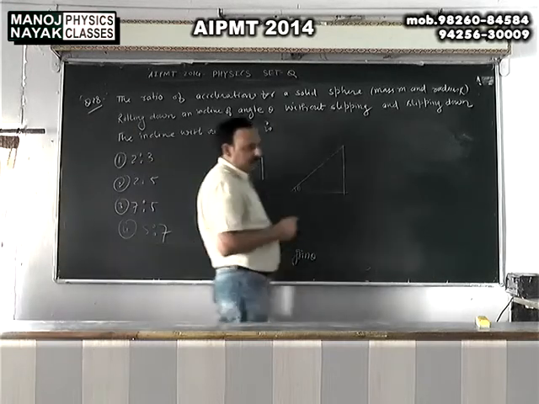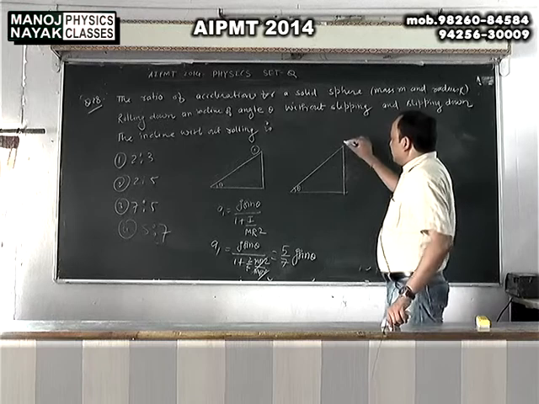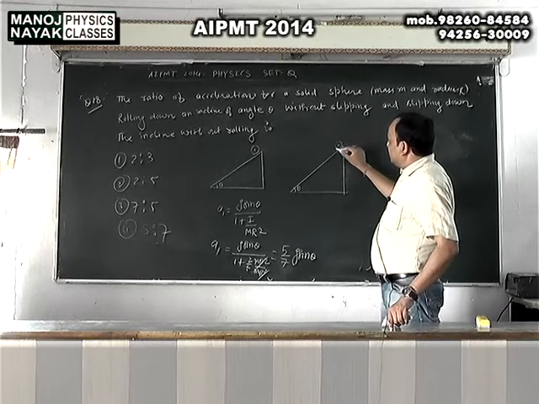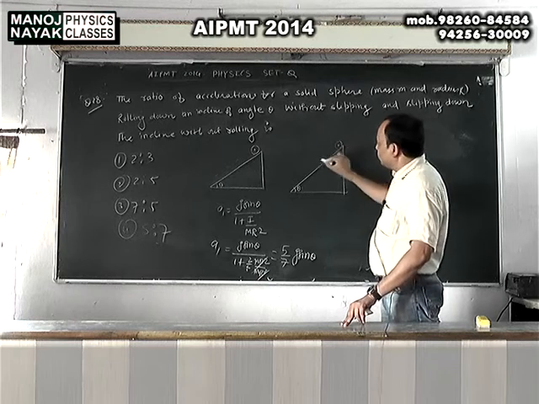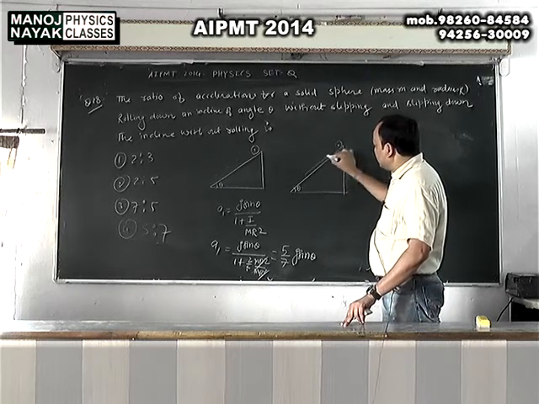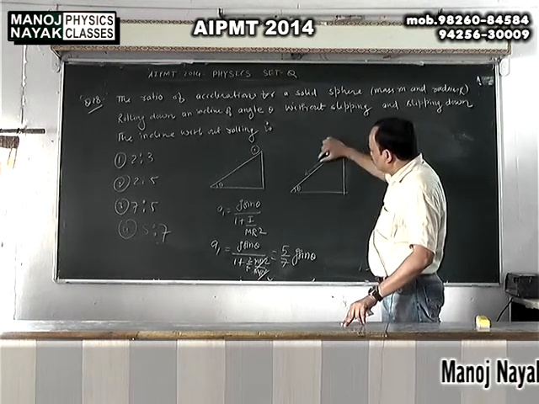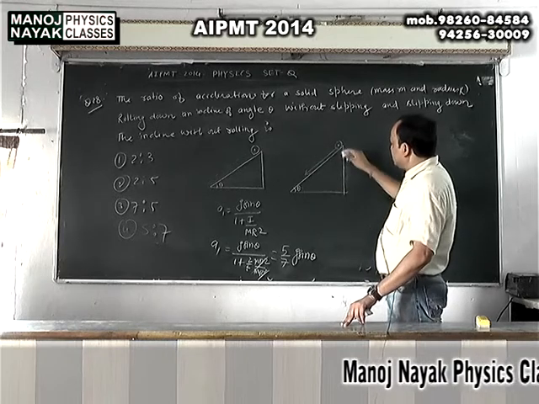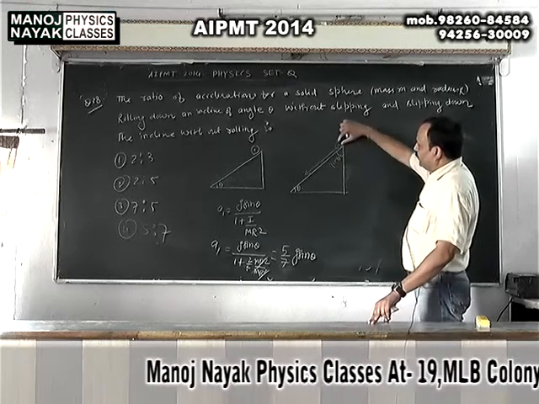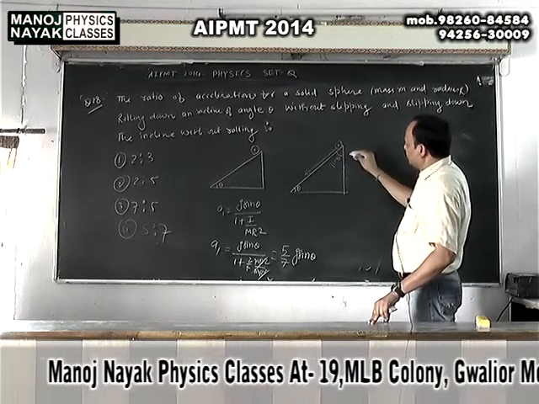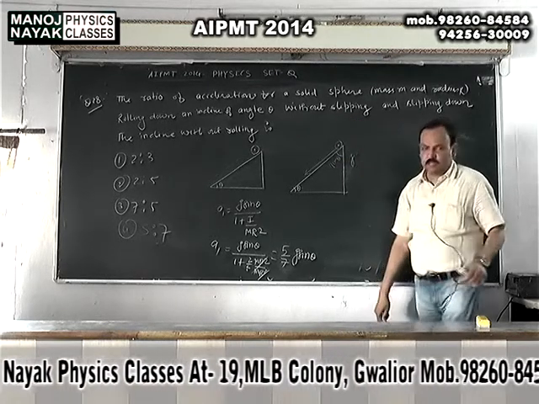Now in second case, this sphere is slipping down without rolling. That means acceleration should be along this direction. This angle is theta, this one is 90 minus theta. If the sphere is falling down, then acceleration will be g.